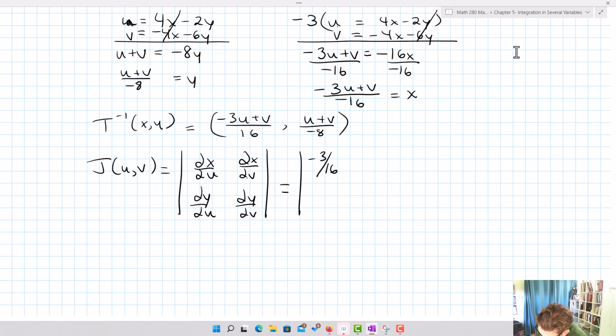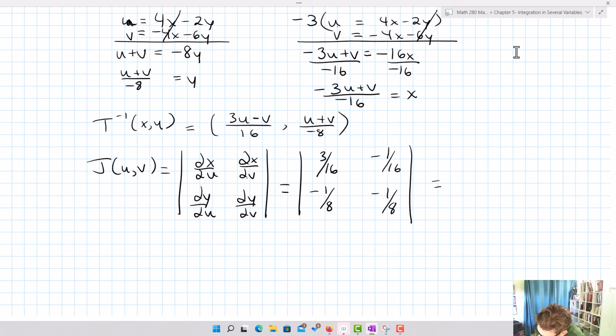Del x del v is going to end up being 1/16, or that negative is negative, that actually switches signs, right? Sorry about that, that's the signs. So this actually gives me 3/16. I get negative 1/16 for del x del u. Okay, I got negative 1/8 for del y del u, and negative 1/8 del y del v.